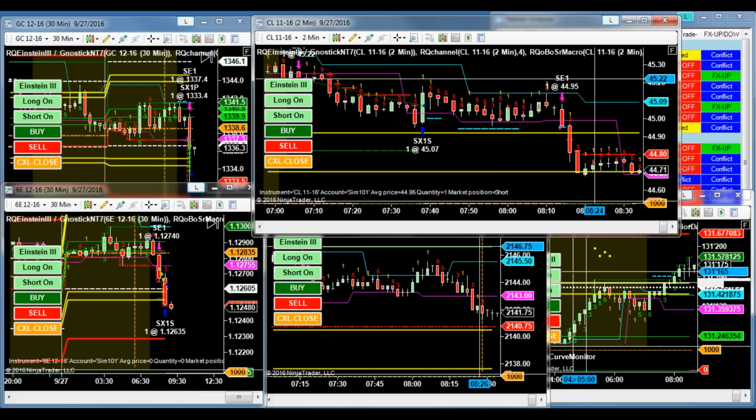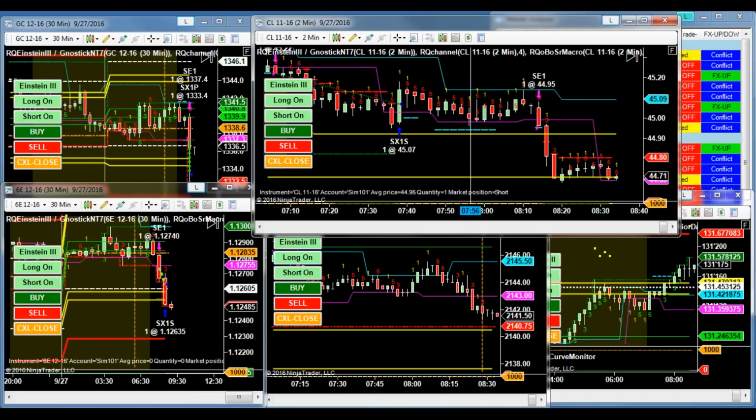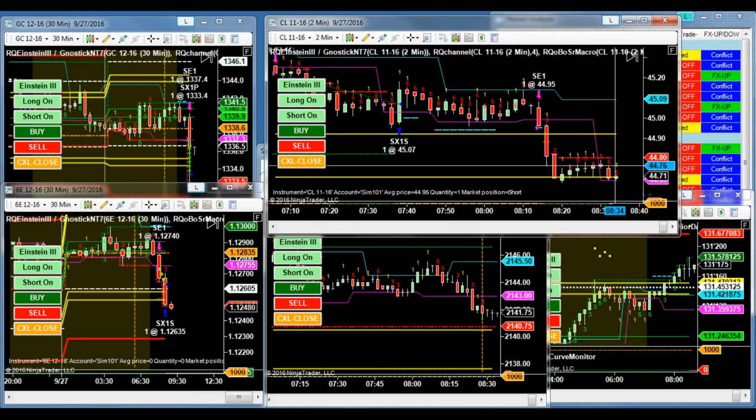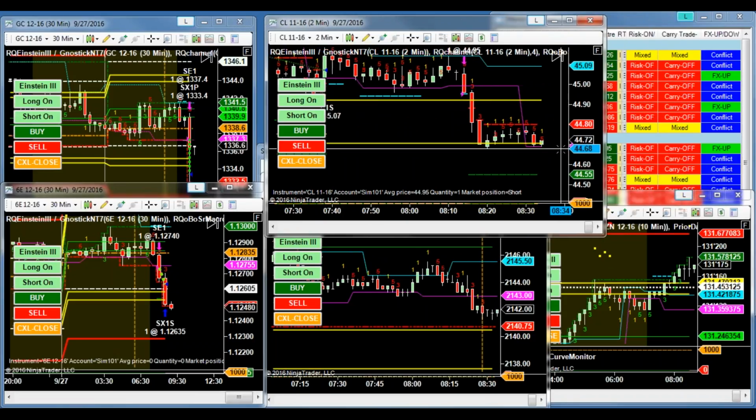Here's the crude futures. It's trying to break into a lower low. We have a couple options here, and we've got profits to give back. So if this breaks, we could pyramid, add another short position. We'll see.